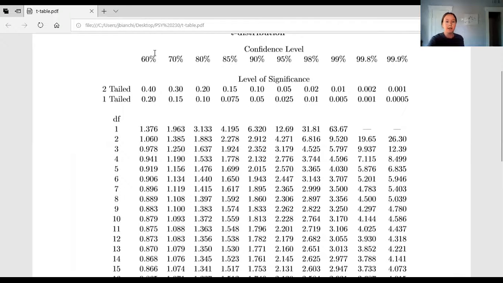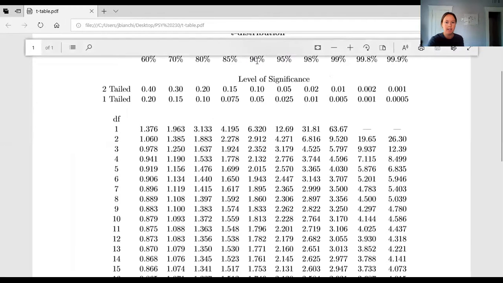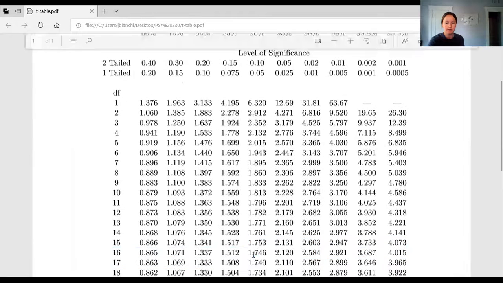And this is where the confidence level at the top of the t-table comes in handy. Depending on the problem, you're going to have to locate the level of confidence you want. In this case, we want to compute a 90% confidence interval. And we're going to scroll down to 15 degrees of freedom. The t-value here is 1.753. That's where we get the t-value.